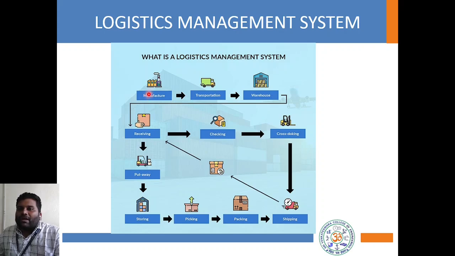So whenever something is manufactured and transported to the warehouse system, it is received, and either it checks out directly through cross-docking, or it is put away and stored in a particular format so that it is easily picked, packed and shipped. The logistic management system is one of the key phases, so that we can identify whatever product is available in the finished warehouse, and easily identify and ship it to the required customer. This is the main important part of the logistic management system.